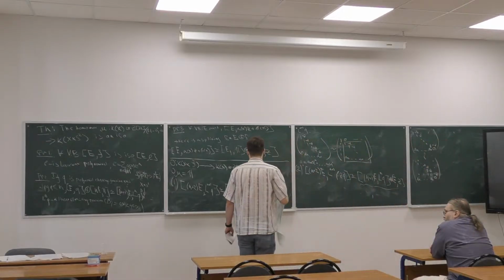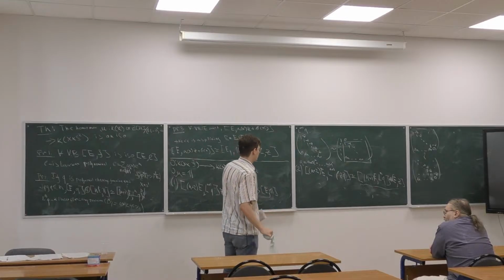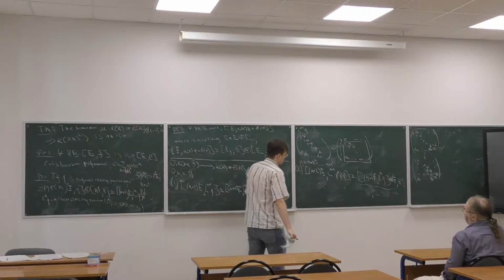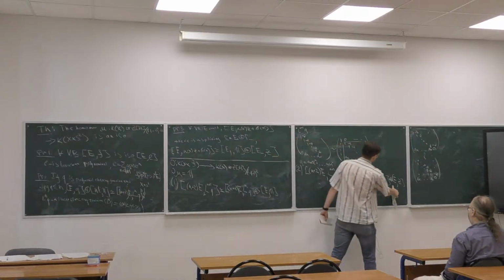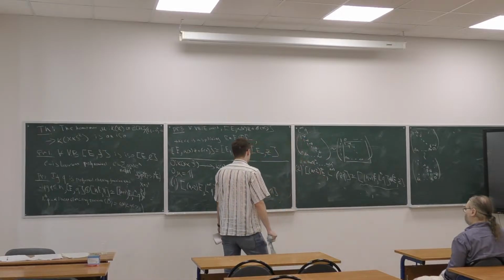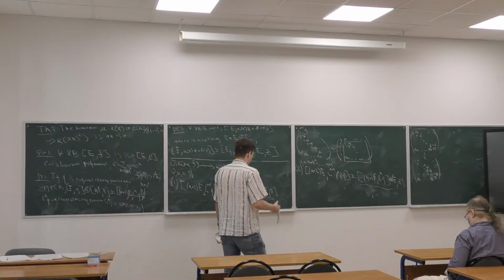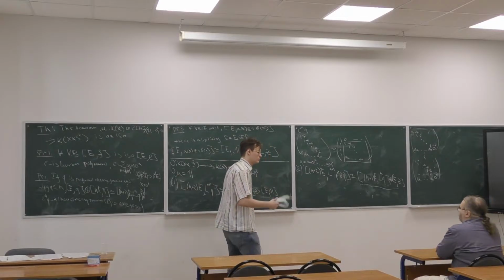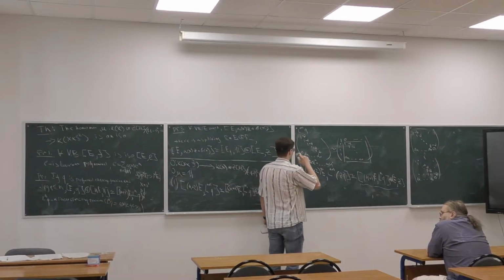Now we have E1 and the bundle EZ, and we want to look at their E plus minus splitting, and we see it is very simple.